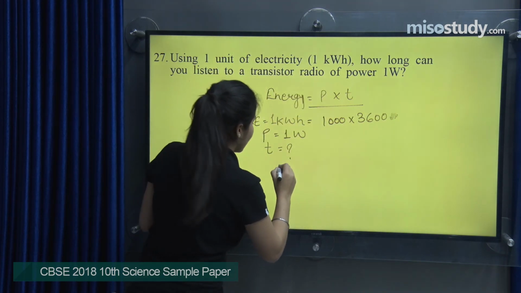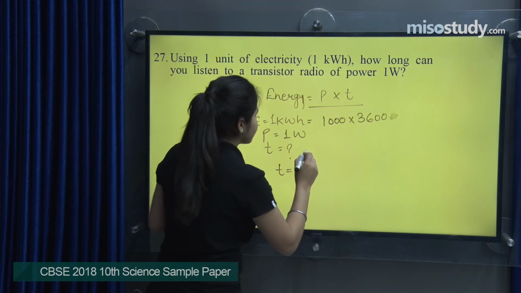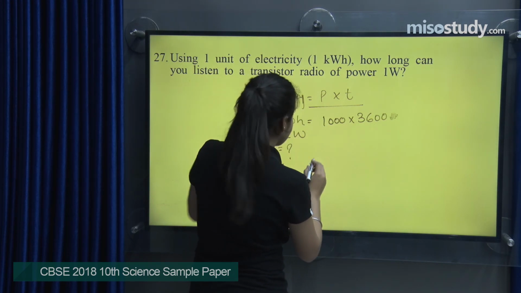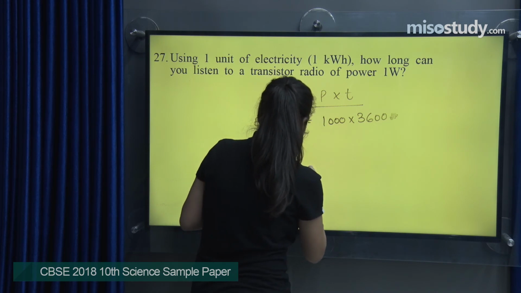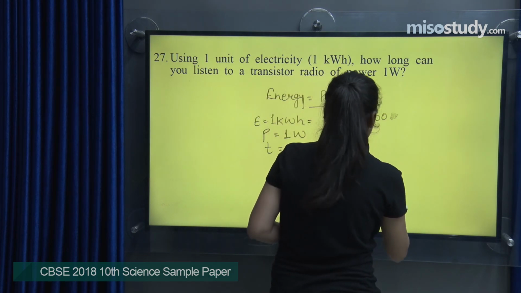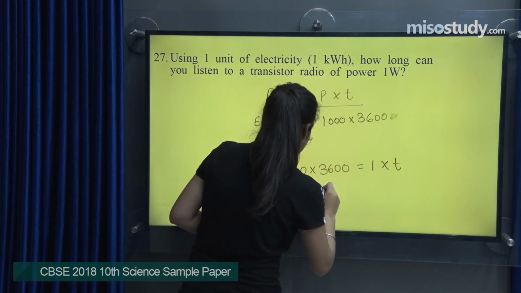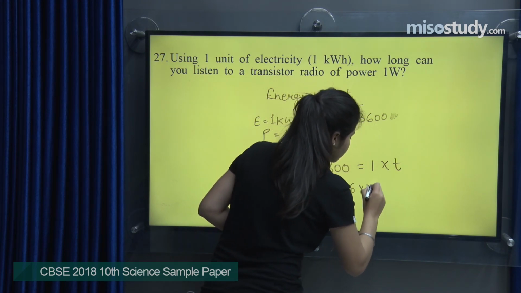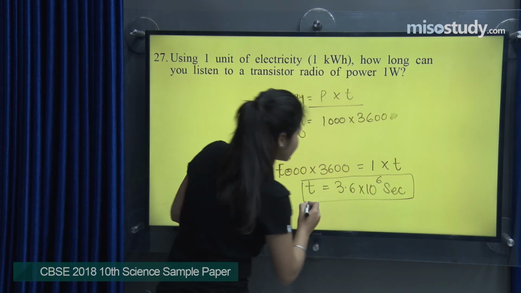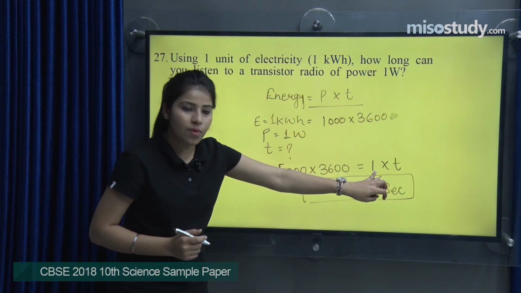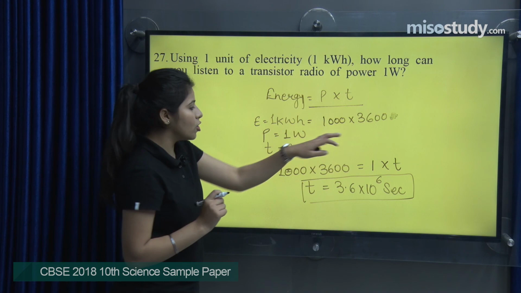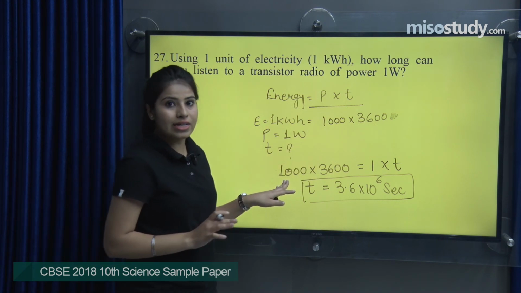So now our time will be energy divided by power, power is 1, into T. So T is 3.6 into 10 to the power 6 seconds. We can easily say that since power is 1, we have put the value of power here as 1, and since the value of energy is 1 kilowatt hour, we have converted it into watt seconds.